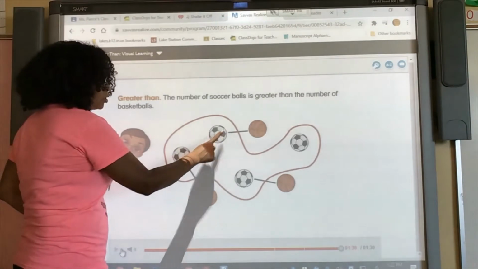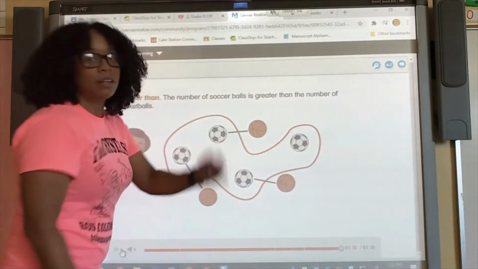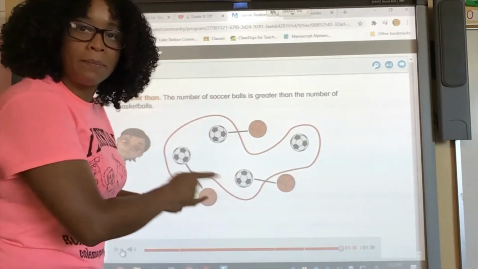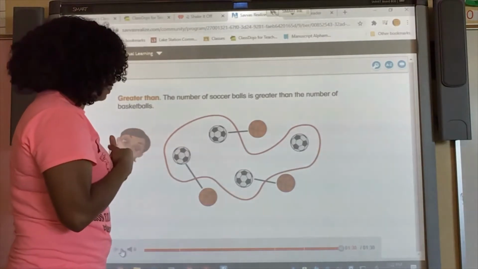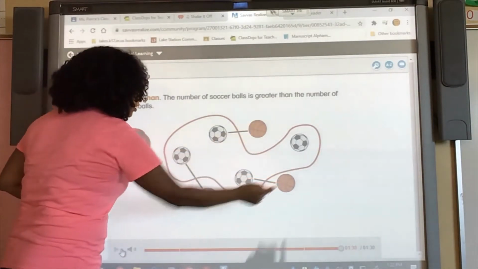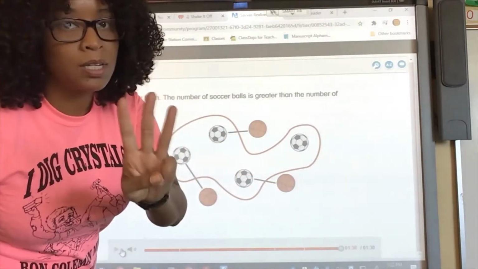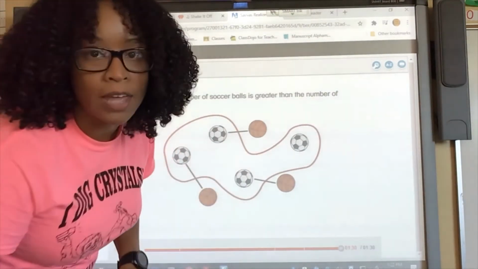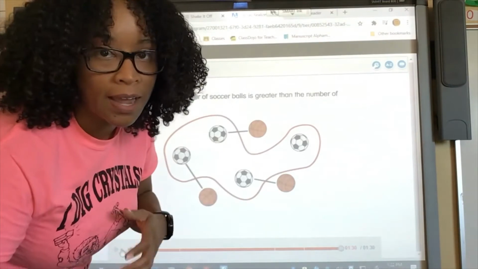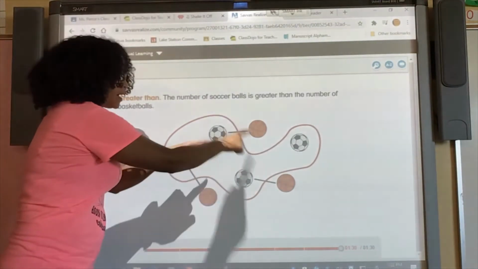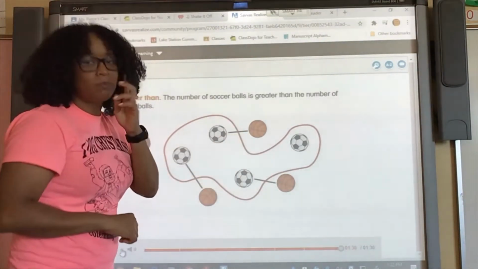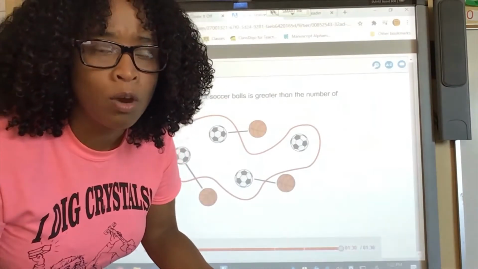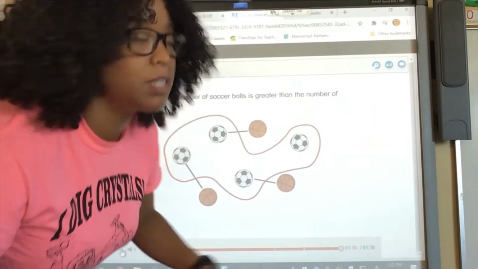There's 1, 2, 3, 4. There's 4 soccer balls, but how many basketballs are there? There are 1, 2, 3. There's only 3 basketballs. So the soccer balls are greater than or more than how many basketballs there are. And you can always figure out what is greater than by just counting.